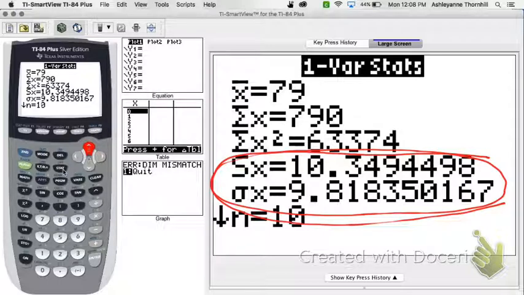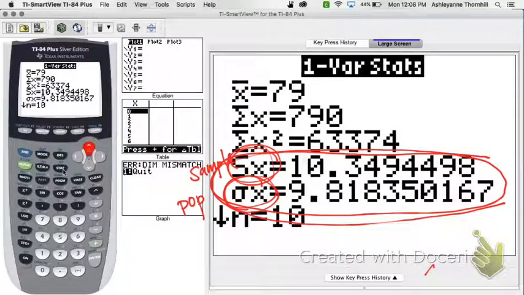So we have to discern whether it is talking about population or sample. This sigma is for population. This S is for sample, and they are different. The means are the same for both, but the standard deviations are different, because sample is like guessing what the population is, but the population is exact.